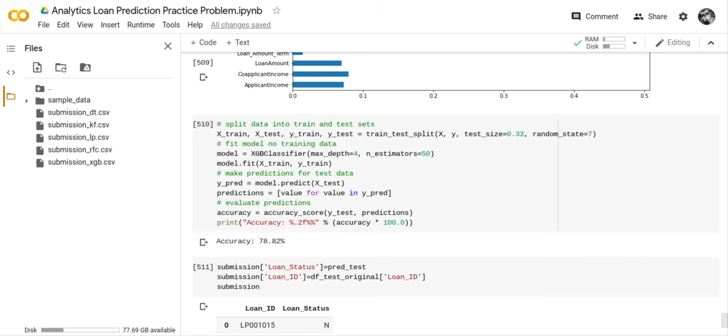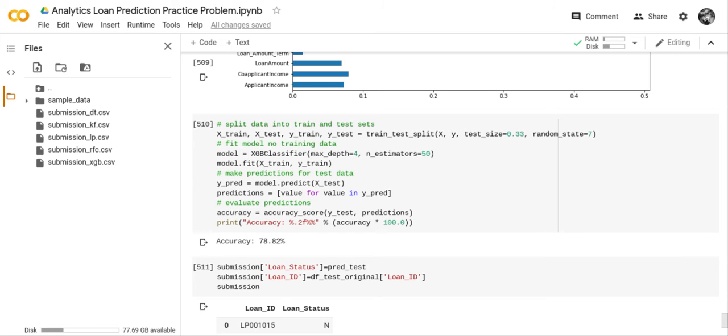So that's it really. XGBoost doesn't really work with the code that we were given from Analytics Vidya. And I had to use other code, and I had to spend a lot of time troubleshooting this code just to get it to work.